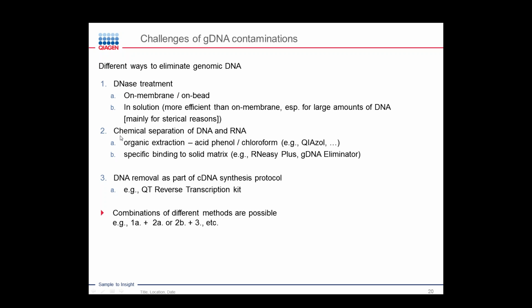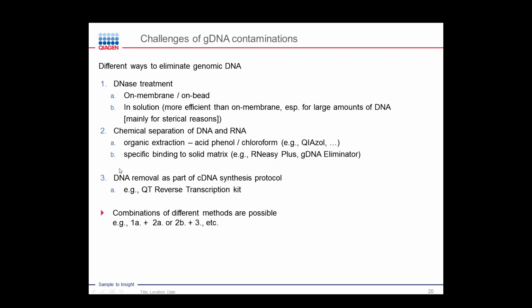The second method is based on chemical separation of DNA and RNA. This can be achieved by organic extraction, using acid phenol chloroform like the QIAzol reagent, or by specific binding of the genomic DNA to a solid matrix, like the gDNA Eliminator spin column in the RNeasy Plus Mini kit.